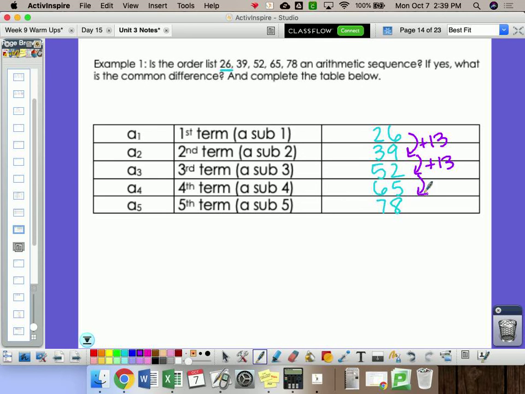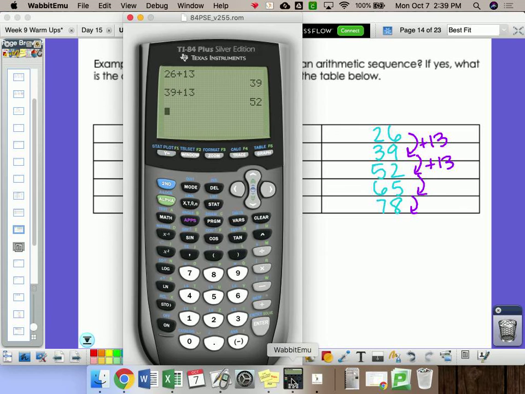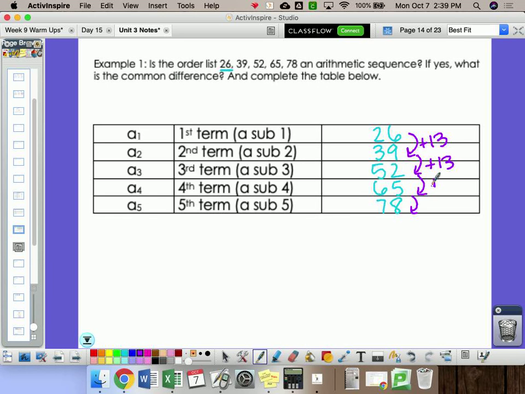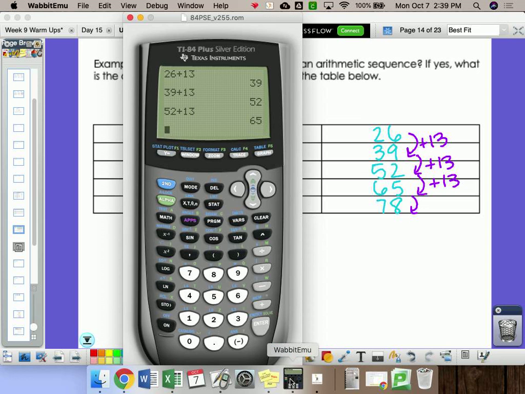Let's double check that it works for the next couple numbers in our sequence. So 52 plus 13 is 65. So it's adding 13 again.